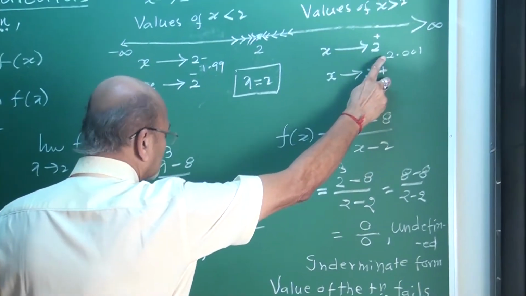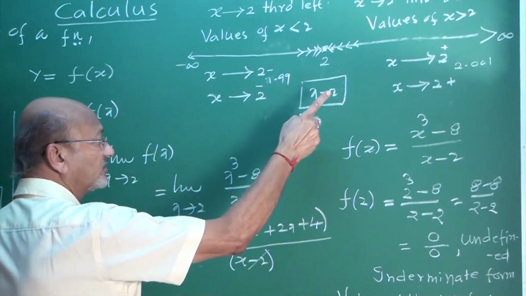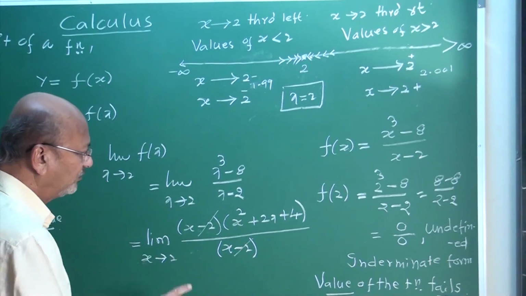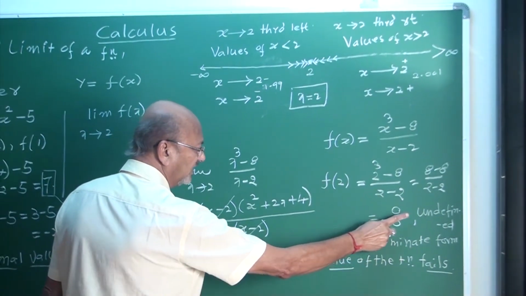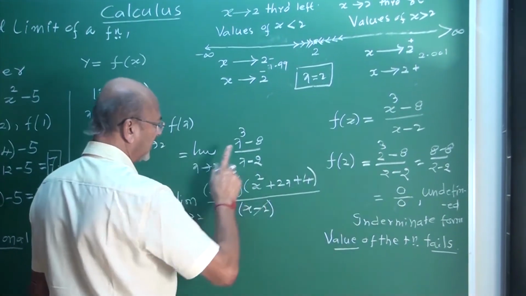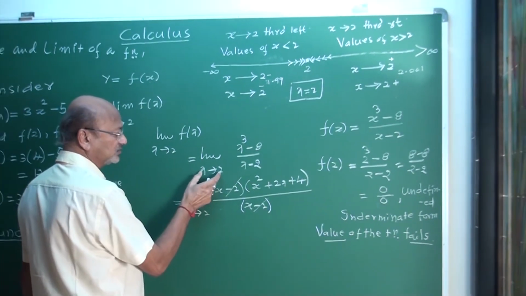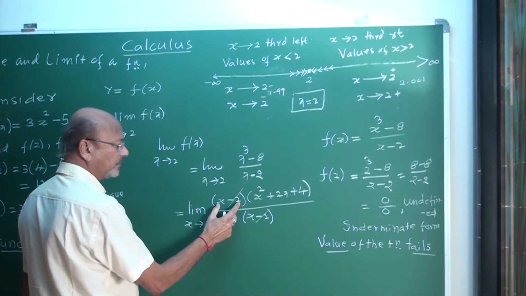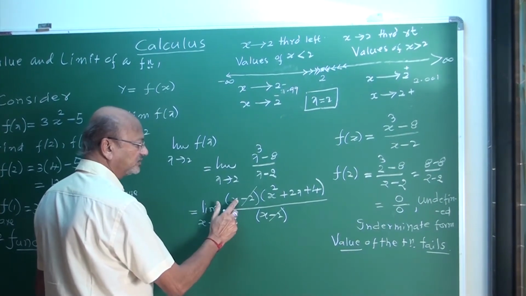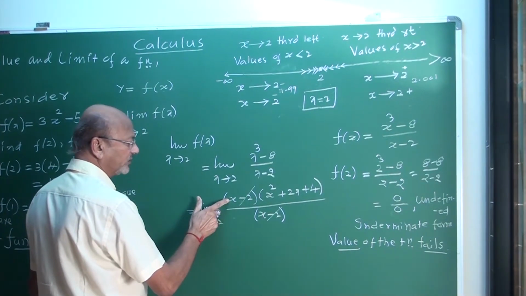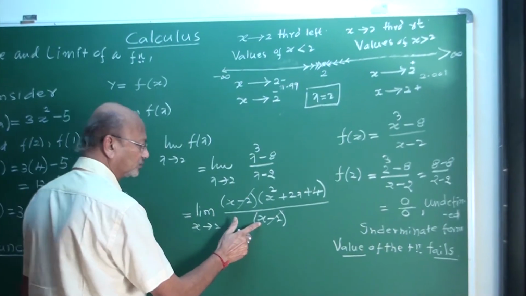If it were 0, you couldn't cancel it. As x tends to 2, the approach comes, so x minus 2 is not equal to 0. When x minus 2 is not equal to 0, you can cancel x minus 2 with x minus 2.